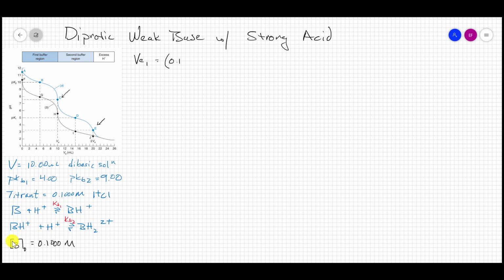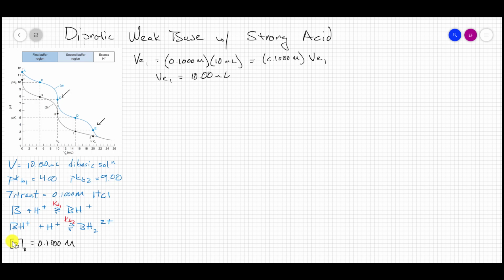So we just need to start with our base concentration, so 0.1 molar times its volume equal to the concentration of our titrant, which in this case is also 0.100 molar, multiplied by our first equivalence volume. So this is pretty easy to compute. So VE1 has got to be 10 milliliters. And remember, that's to drive this first step.